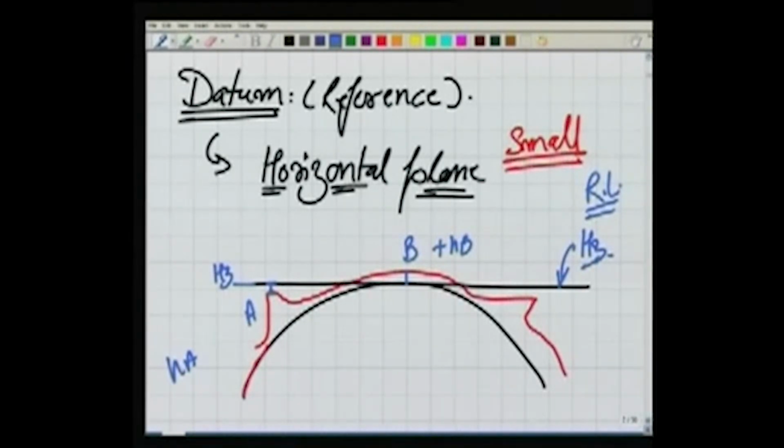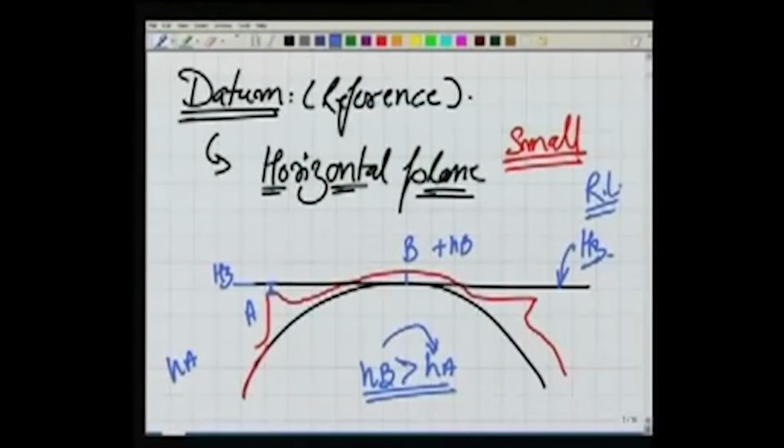So, what is the meaning of this? HB is more than HA. So, ideally, if I put a drop of water at B, it should flow towards A, because we are saying B is higher than A. So, if B is higher than A, the water should flow from B to A.